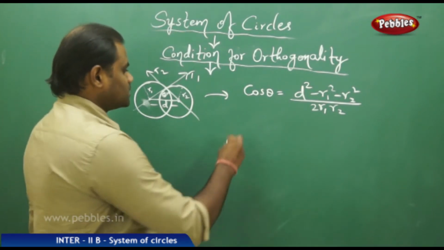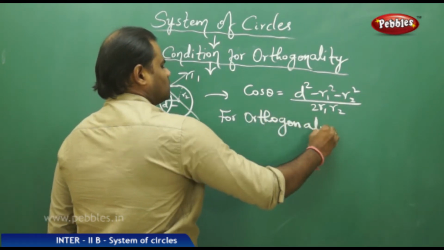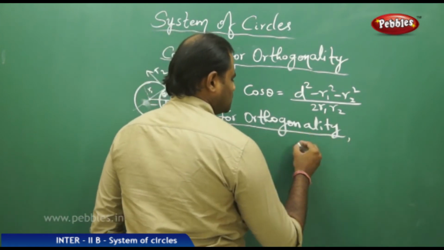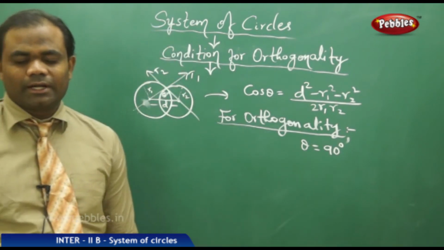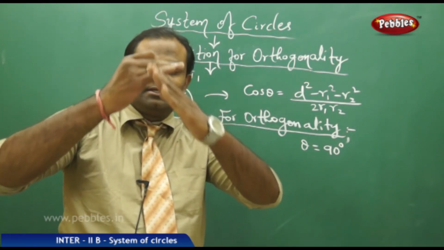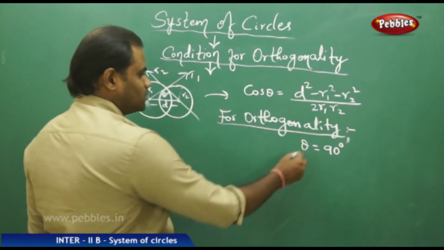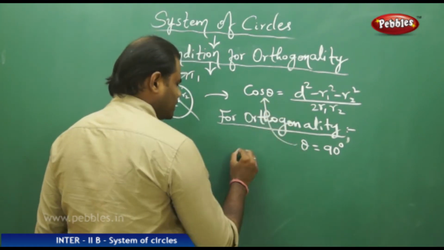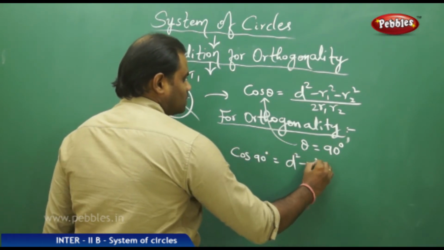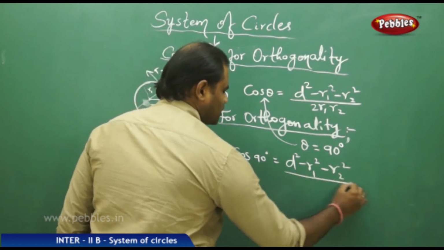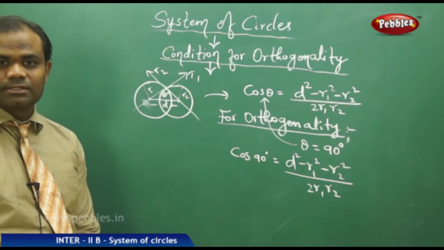Now, for orthogonality theta is obviously 90 degrees, so using theta equal to 90, let's see what the formula reduces to. Substituting, I get cos 90 equals d square minus r1 square minus r2 square over 2r1 r2, where cos 90 is 0.